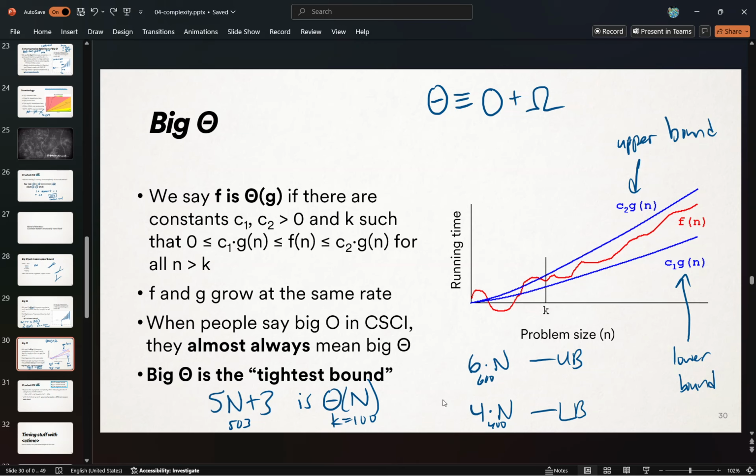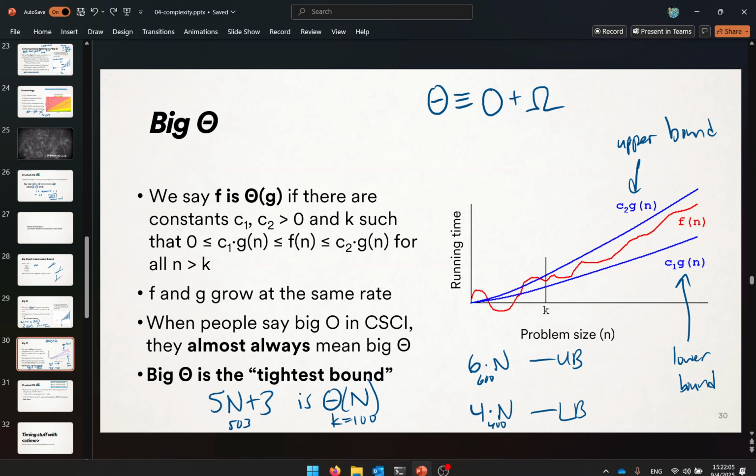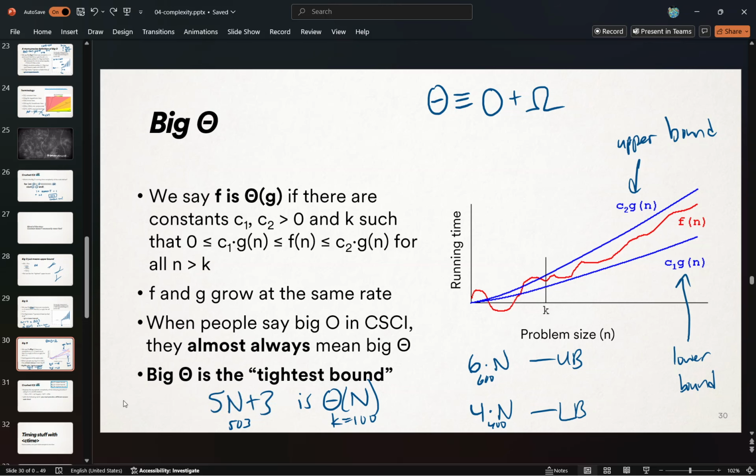It grows exactly at the same rate as your original function, and that's what the mathematics people were trying to use these symbols for, to show that functions grow at the same rate, so it works for us.